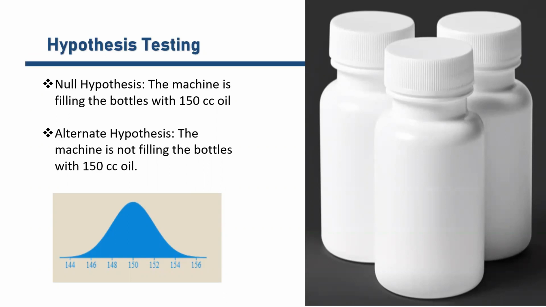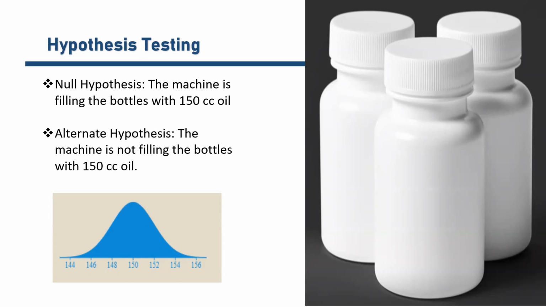And the next thing which should come to your mind is that everything has variation, right? So it's not that if you pick any random sample out of the data, you will get 150 cc. You cannot have 150.000 cc. So it will have some sort of variation, right?